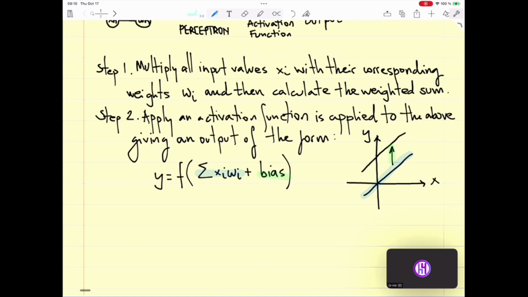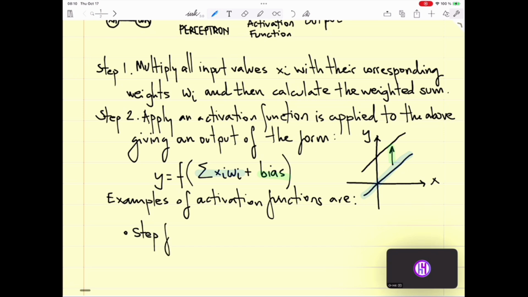Examples of activation functions are the step function. The step function looks like this.